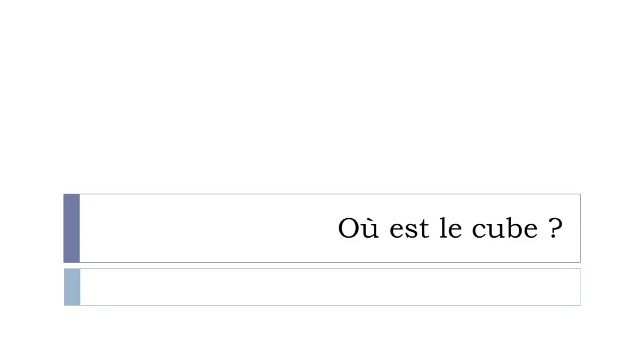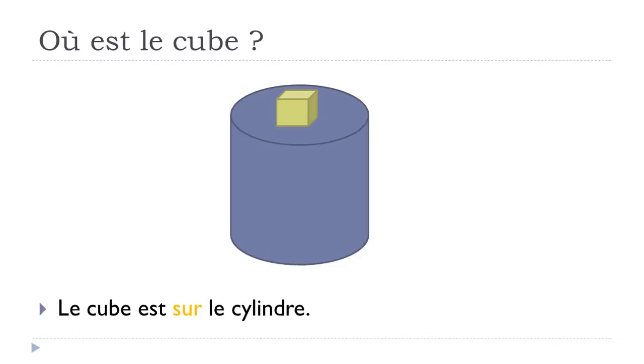Où est le cube? Where is the cube? Okay, so let's see that together. Here, first situation: this is le cube and this is le cylindre, just to make it clear, because that's what we'll use to introduce the prepositions.